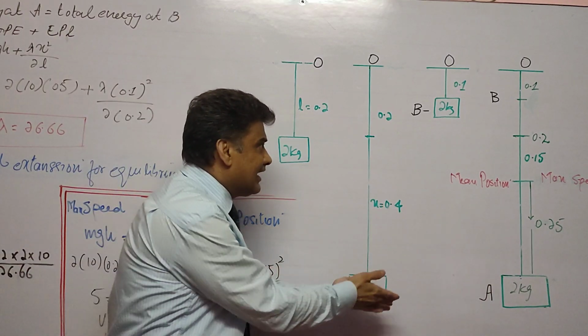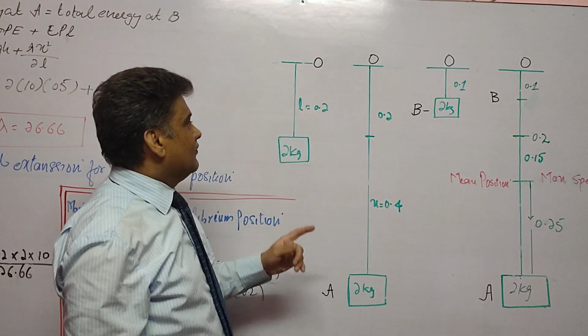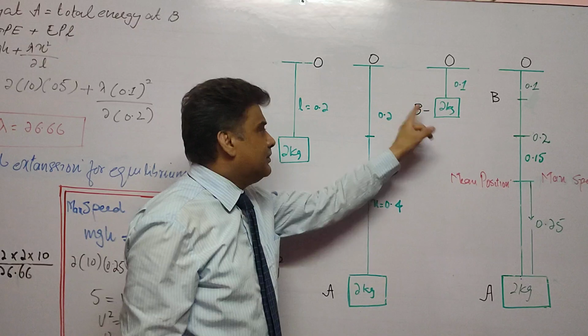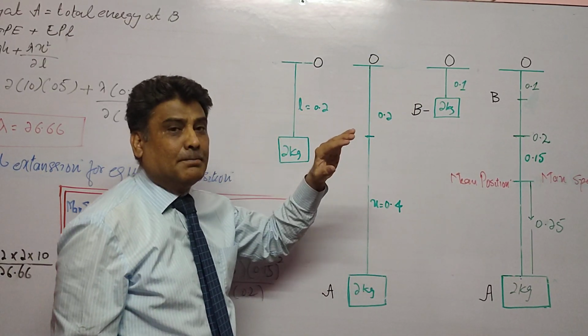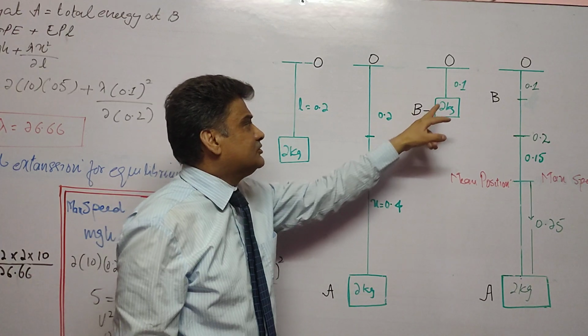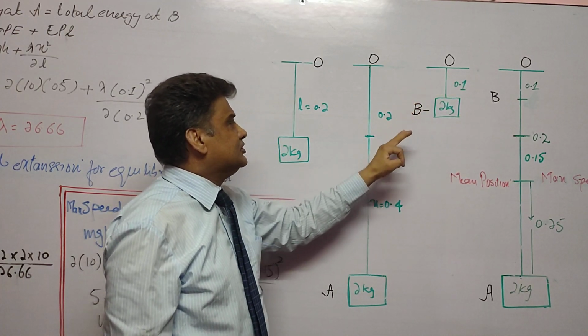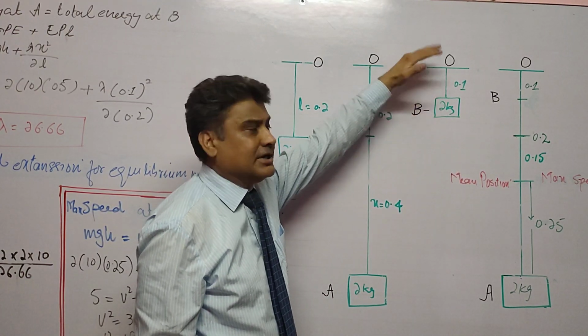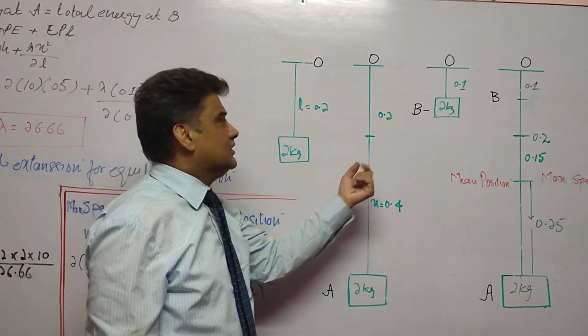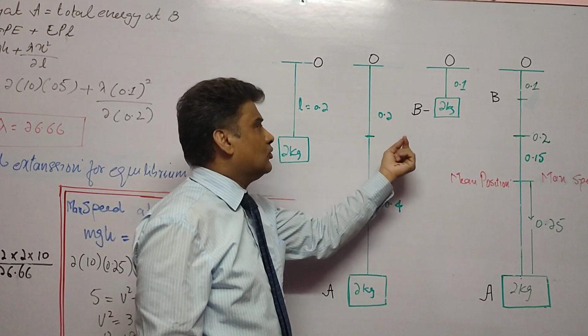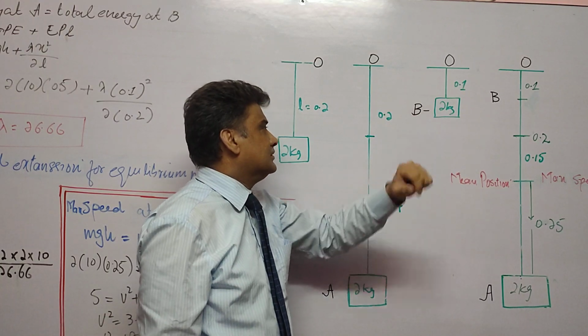When it moves in upward direction to the point B, there is compression in the string, a compression of 0.1 meter. Hence, we can say that its elastic potential energy is not completely equal to 0 at point B.